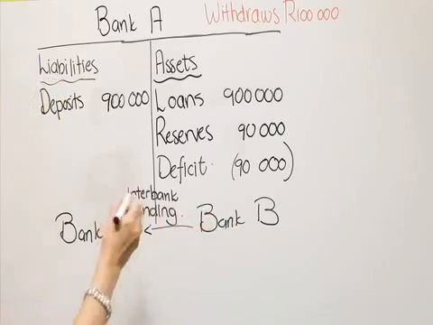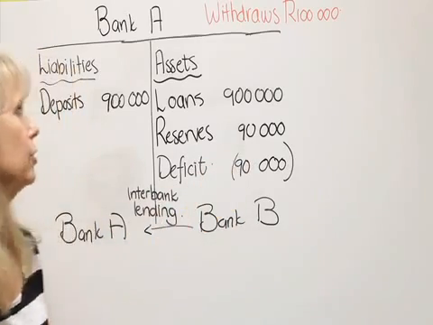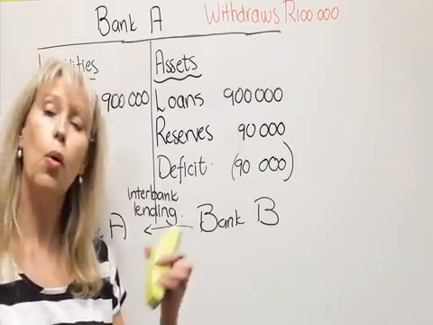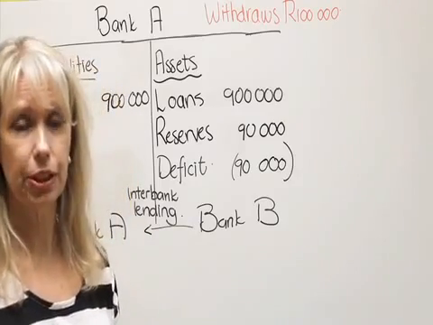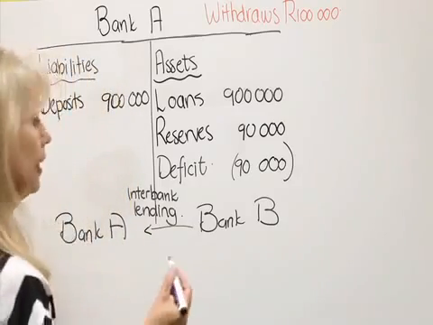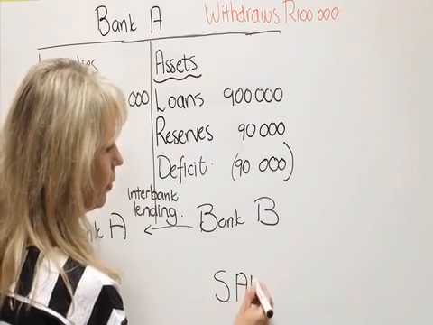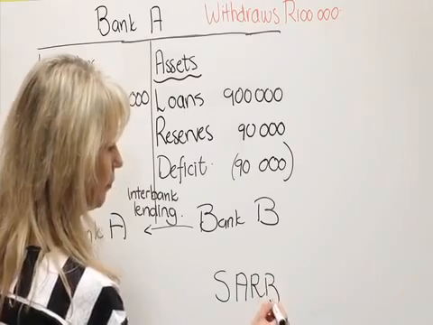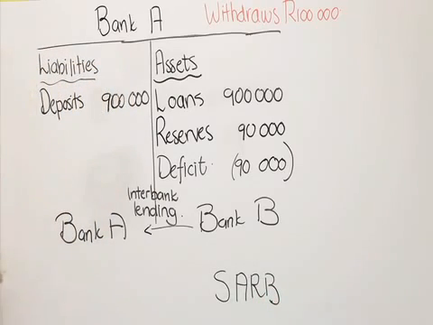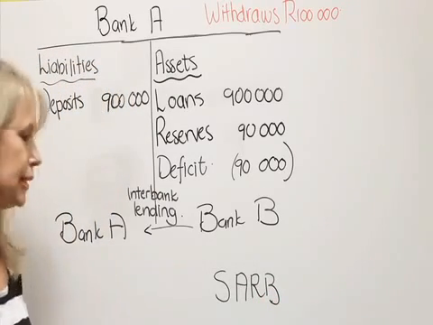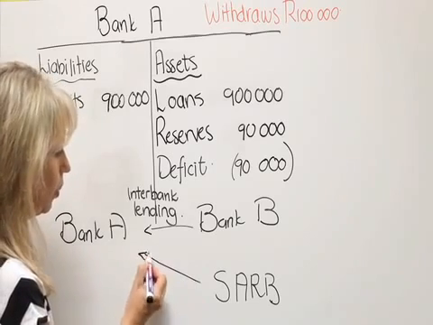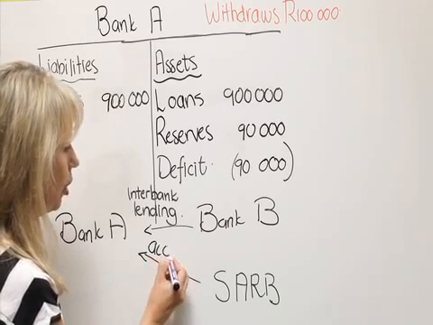So Bank B will provide the 90,000 Rand to Bank A. But let's say all of the banks are in deficit on a particular day. Then they have to borrow from the Reserve Bank, and when they borrow from the Reserve Bank, we call that accommodation.